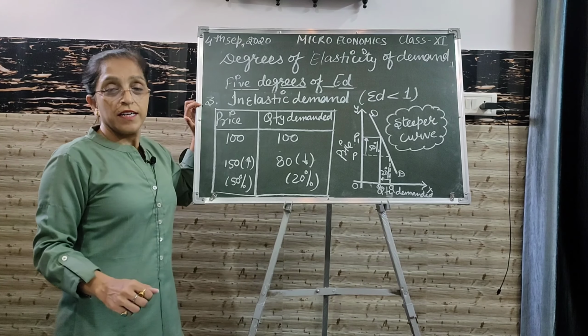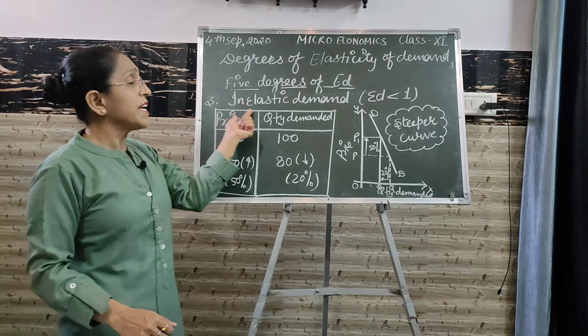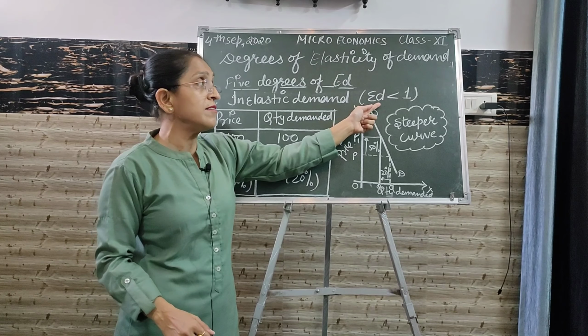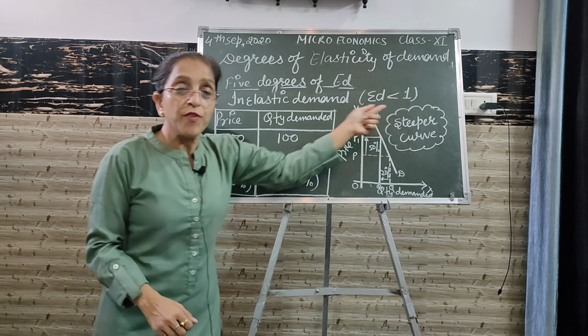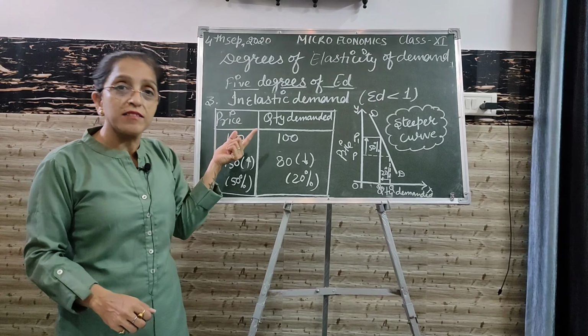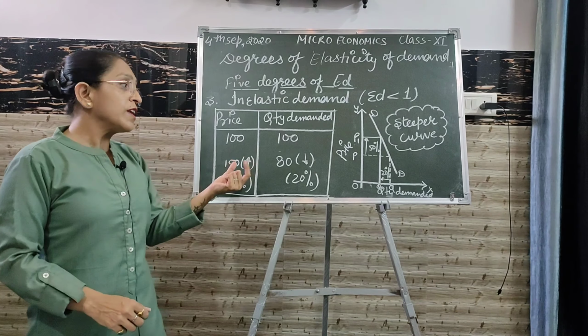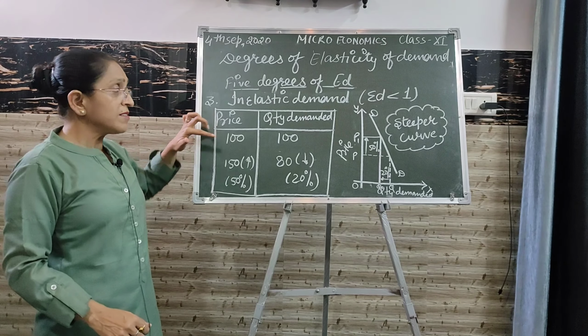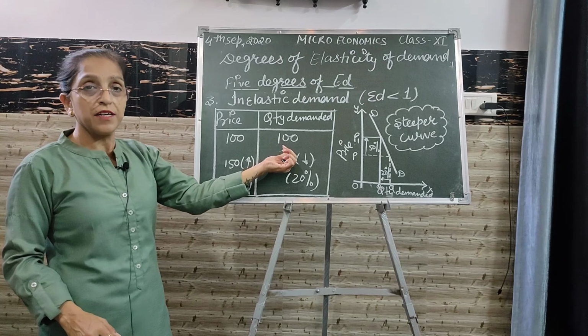Our third degree of elasticity of demand is inelastic demand. The coefficient of inelastic demand is ED less than 1. We call it less than unit elastic demand also. How will you come to know? Now you see the schedule. When the price was 100 rupees, the consumer was demanding 100 units.